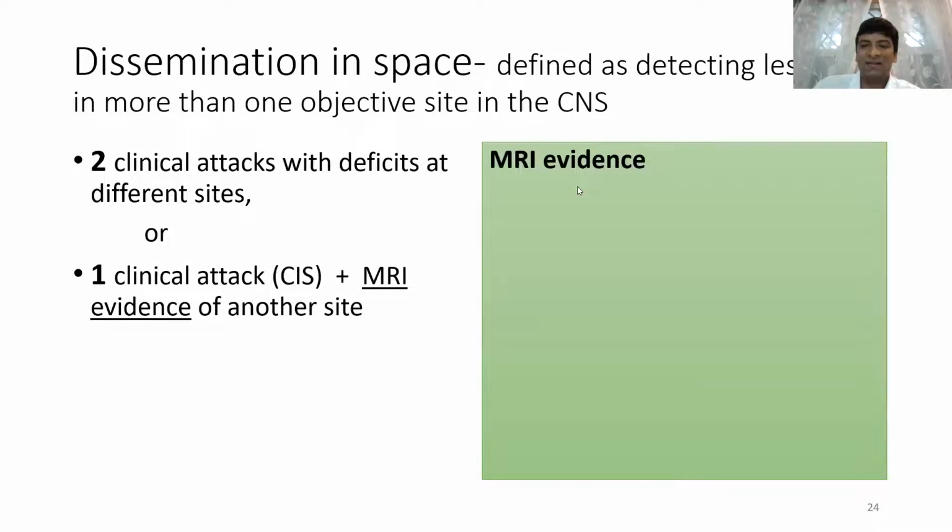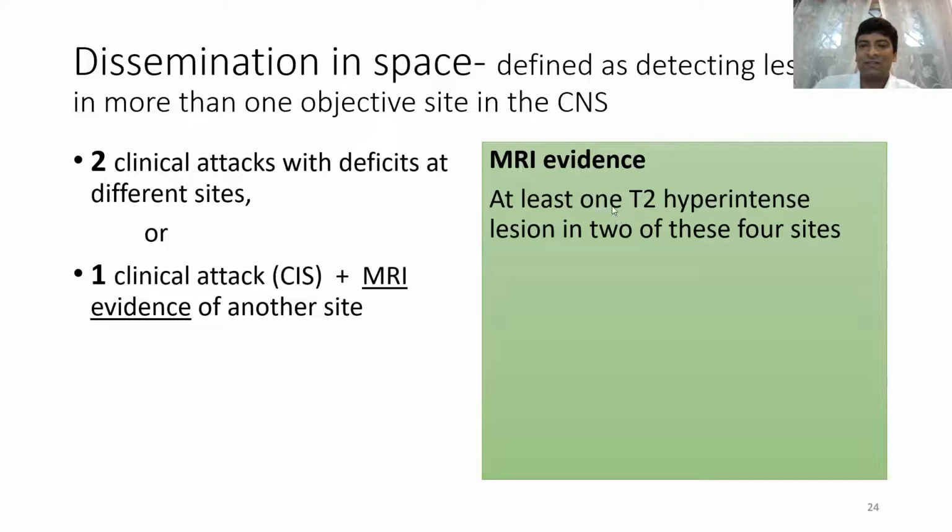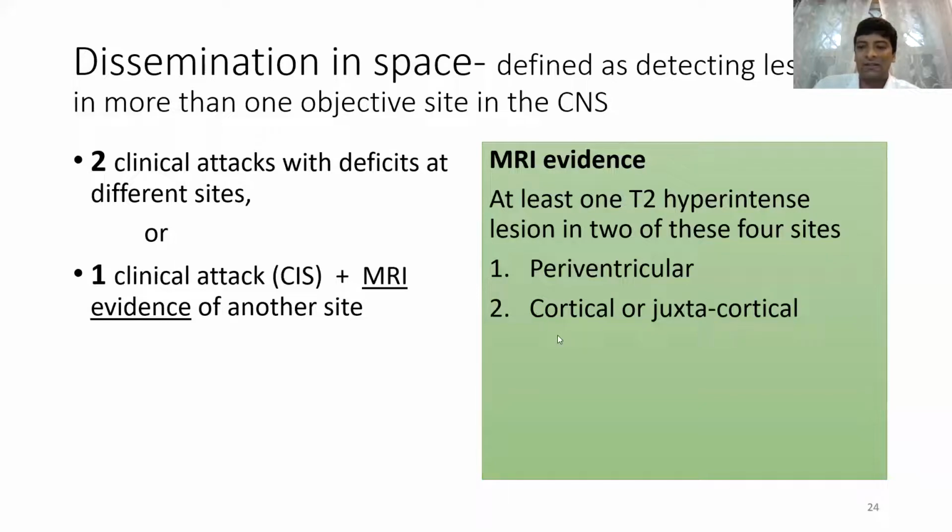So what is the MRI evidence we look for? Researchers have classified the zones of the MRI into 4 sites: periventricular, cortical or juxtacortical. Previously these were 2 separate sites, but now they've been clubbed: infratentorial brain or spinal cord.